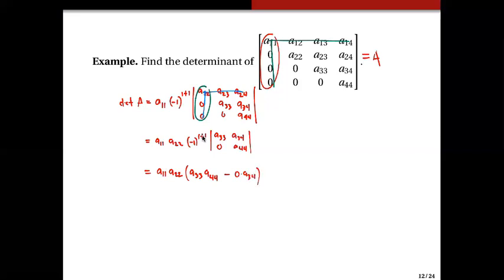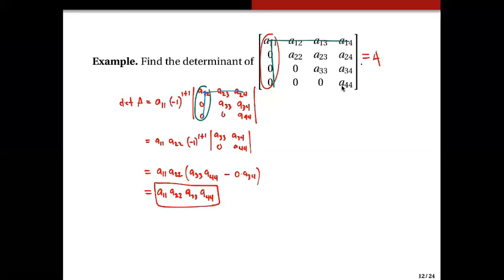Therefore, the determinant of that triangular matrix is simply A11, A22, A33, and A44, the product of these four. So in fact, this is a formula: the determinant of any triangular matrix is equal to the product of the diagonal entries. You just need to multiply the diagonal entries of the triangular matrix and you have the determinant.